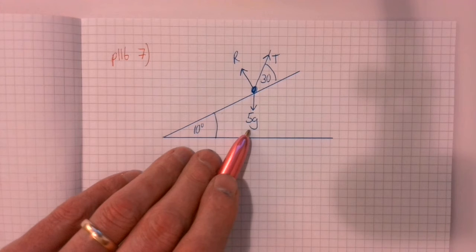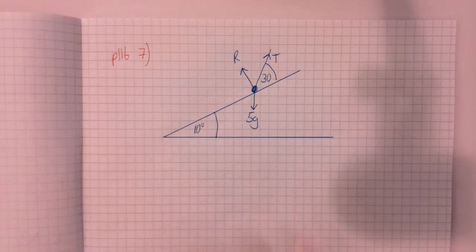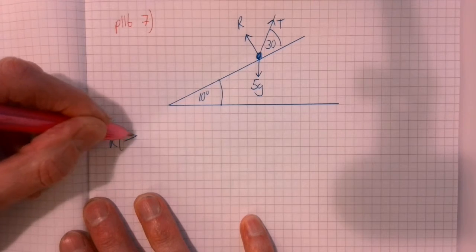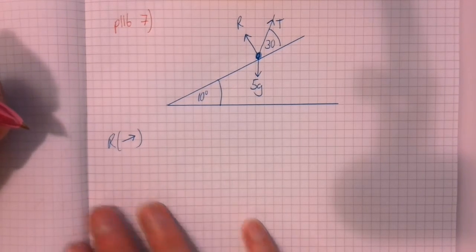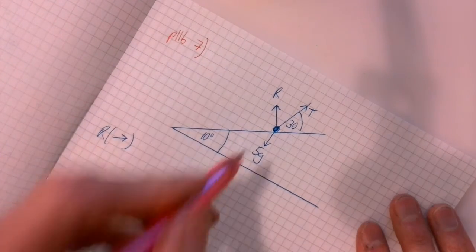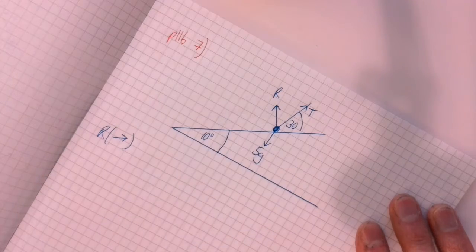And obviously if it has a mass of 5 kilograms, it weighs 5 times 9.8 newtons. So I'm going to do the same thing as we've been doing. I'm going to resolve parallel to the plane firstly. So let's have a look at the forces if I resolve parallel to the plane. I've got the reaction force, which is at right angle, so has no effect.